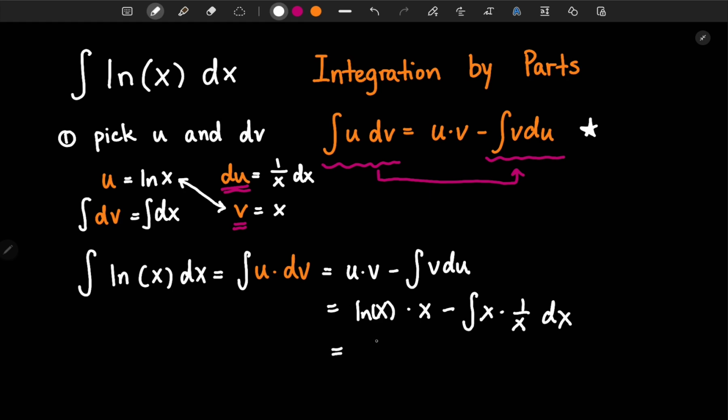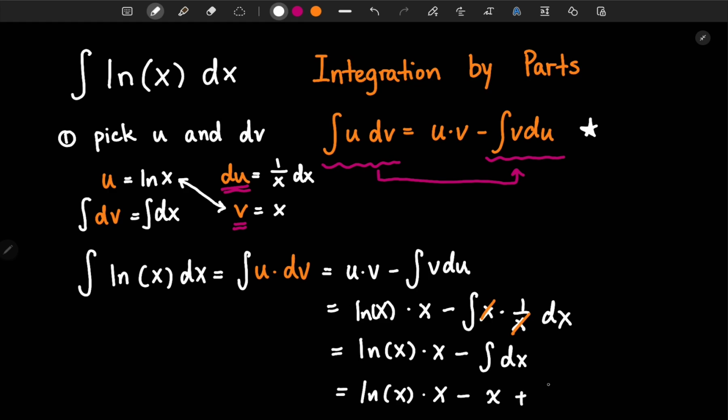And let's simplify it. We get ln of x times x minus, the x and 1 over x got cancelled, so we have the integral of dx, which is equal to ln of x times x minus the integral of dx, which gives us x.